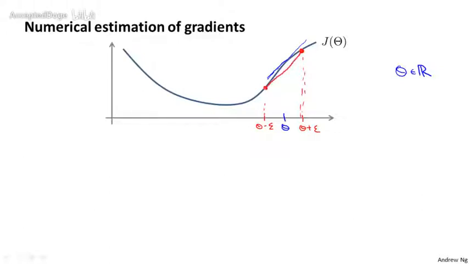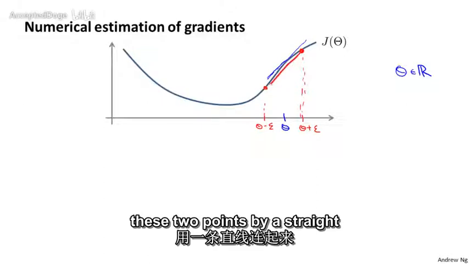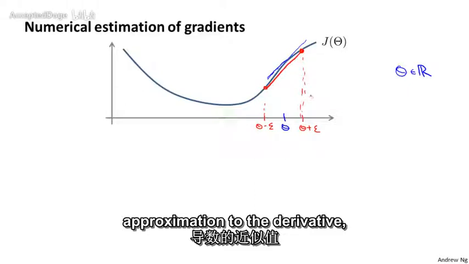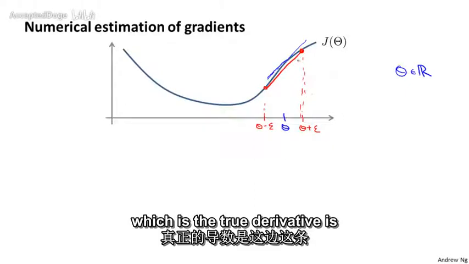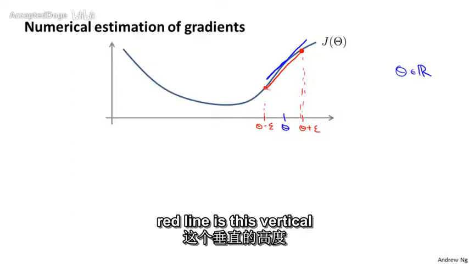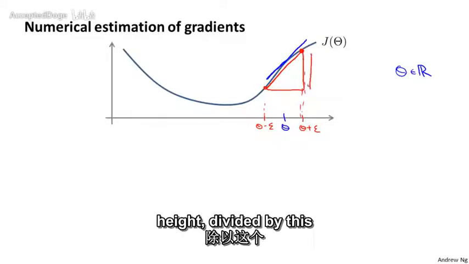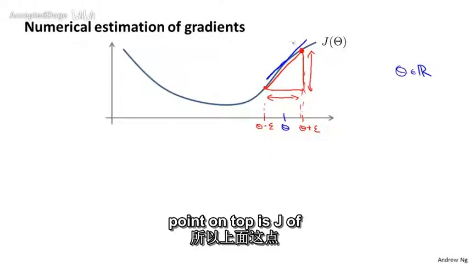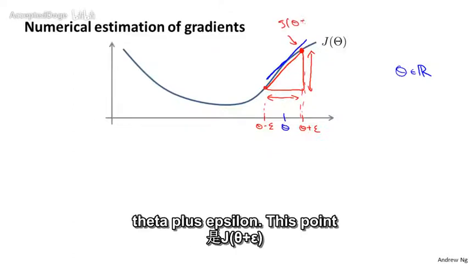and connect them by a straight line, and I'm going to use the slope of that little red line as my approximation to the derivative, where the true derivative is the slope of that blue line over there. So it seems like it would be a pretty good approximation. Mathematically, the slope of this red line is this vertical height divided by this horizontal width. So this point on top is J of theta plus epsilon.